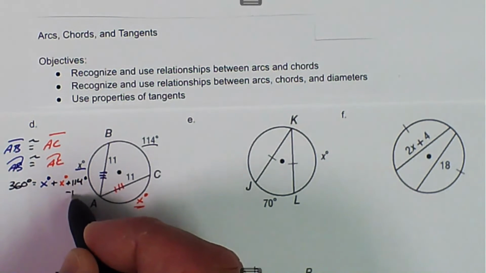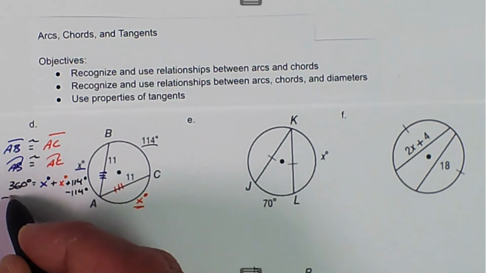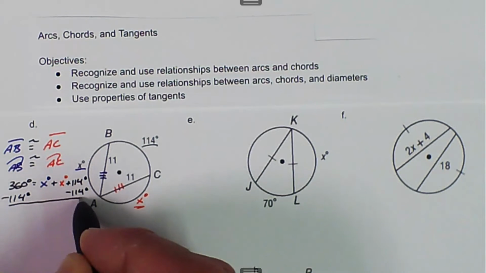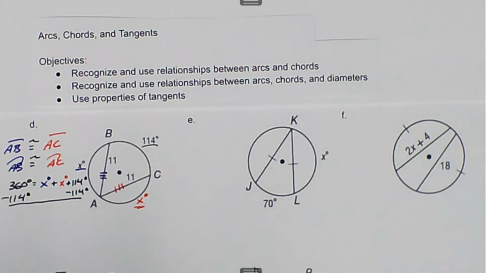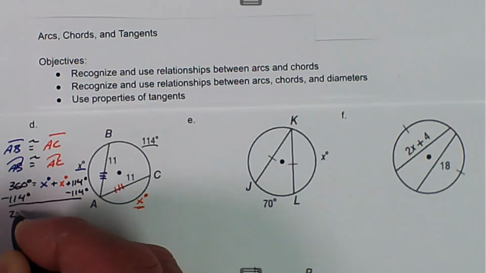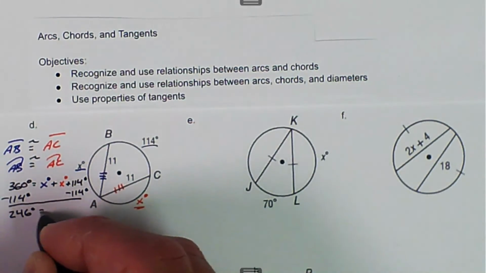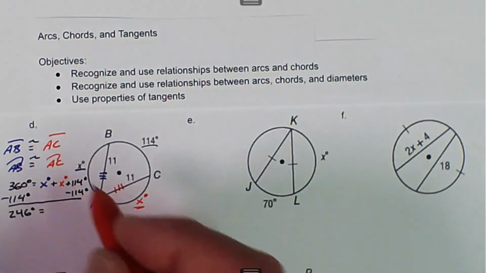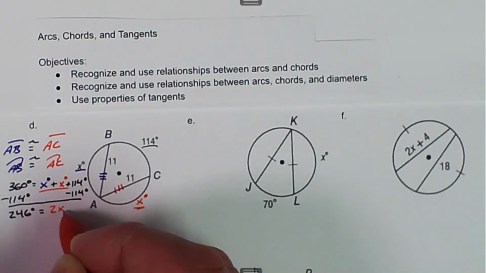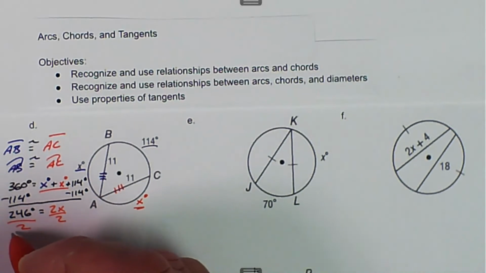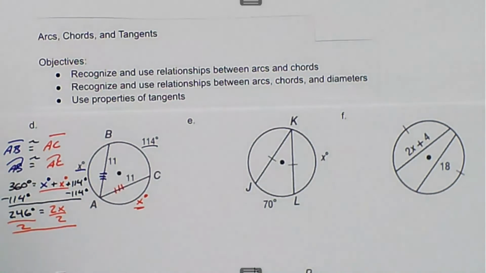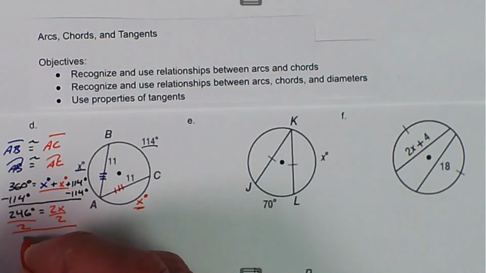And we solve this by subtracting 114 from both sides of the equal sign. And we are left with 246, and that is equal to 2x. Divide both sides by 2. We get 123 is equal to x.